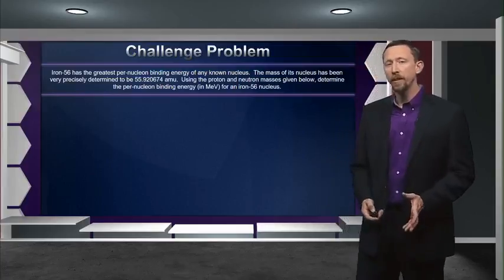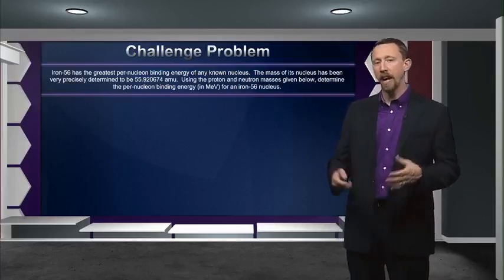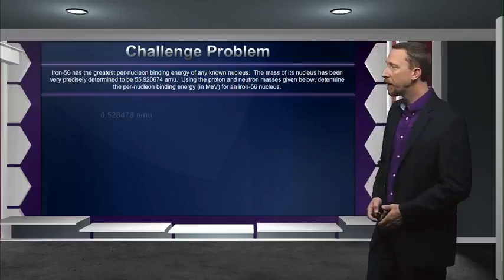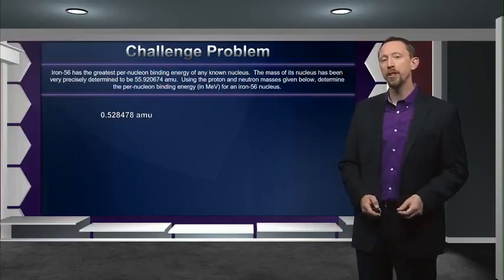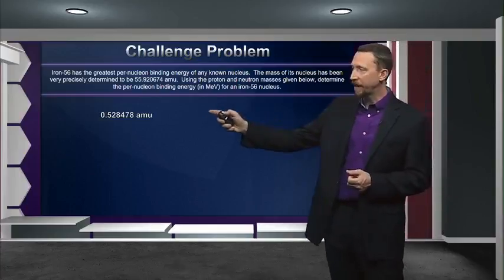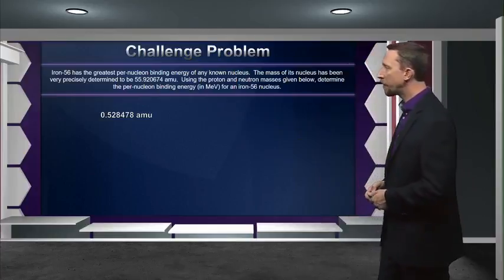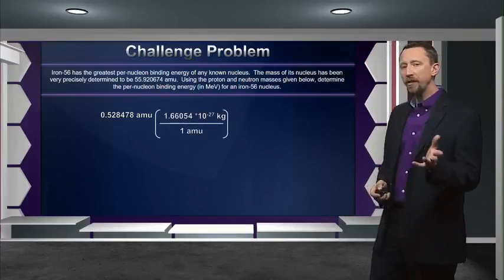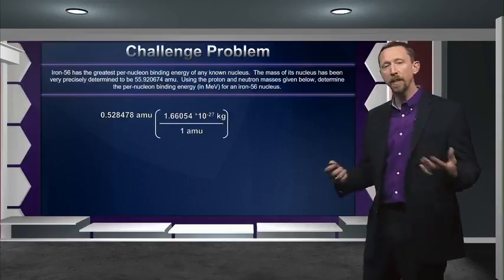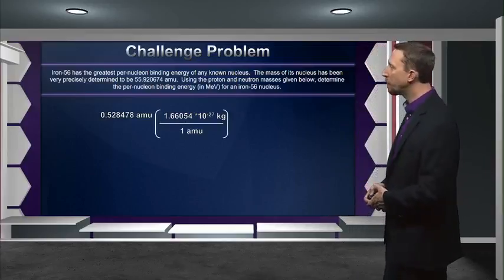Now that we've determined the difference in mass between our intact nucleus and the separate nucleons that make it up, we're going to use that number to determine the nuclear binding energy, the difference in energy that corresponds to that difference in mass right there, 0.528478 atomic mass units. Now to do that, let's first convert it into kilograms, because ultimately it's easier to get into units of energy when we deal with kilograms, for reasons we'll see in a moment.